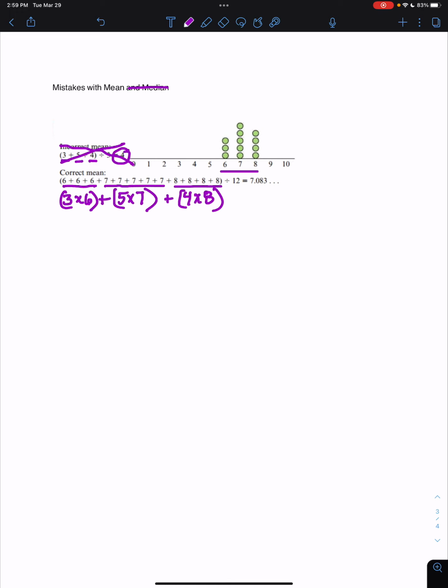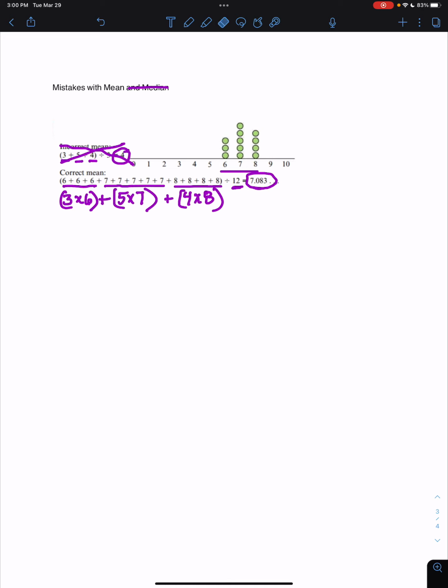And then ultimately we have 12 values, not 3 values like we saw before, right? And we can see here that our mean that we calculate using the correct method is actually a much better reflection of our data, right? 7 point something is probably a good measure of center for our data here.